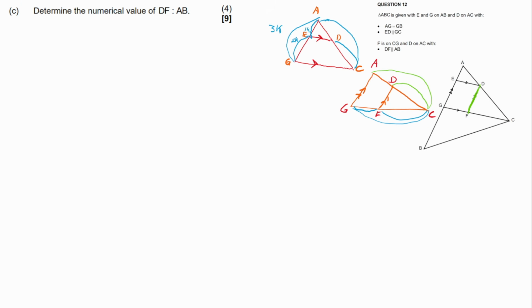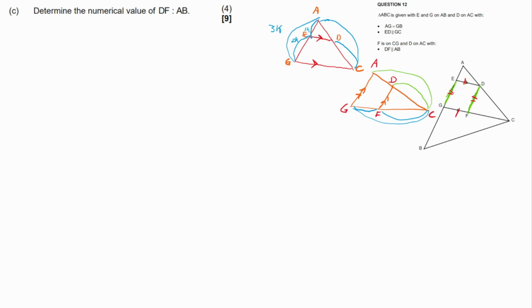DF is actually equal to EG. And the reason is this quad over here, EDFG, is actually a parallelogram. So the opposite sides are equal in a parallelogram. So this and that are equal, and this and that are equal, because those sides are parallel.